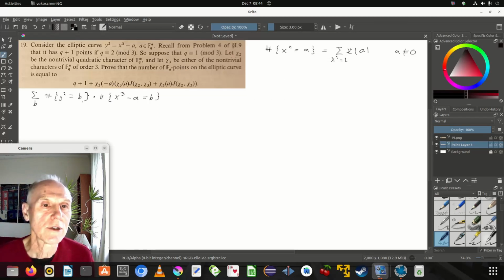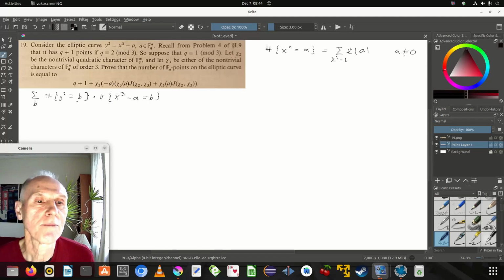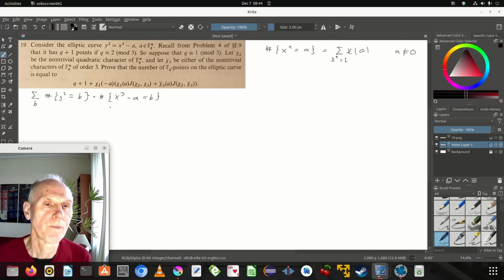That means we have to take out the cases a plus b vanishing and b vanishing separately.